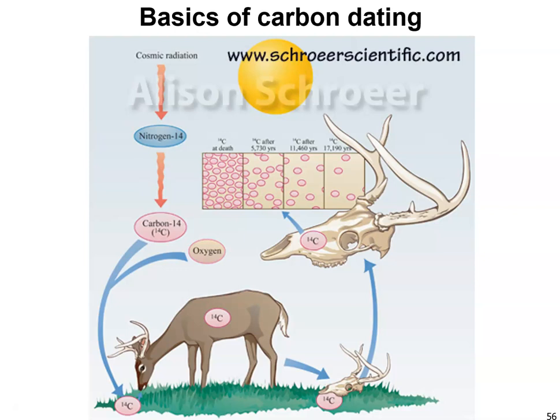Then plants or different animals will come and eat the plants, and that will take up a certain amount of carbon. That carbon will get integrated into antlers, into the tissues, into the muscles and bones. Typically, if we're looking at this long term, the bones are the only thing that's left. But the carbons within that bone will have different amounts of C14.